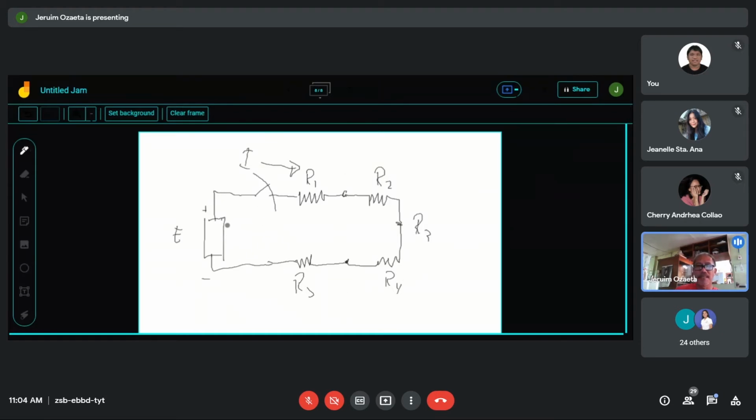Okay? So, sabi natin kanina, you can just say that this R1, R2 may just be a single resistor. So this is the total resistor that represents these 5 resistors that are connected in series. So the total resistance can be R1 plus R2 plus R5 and so on.